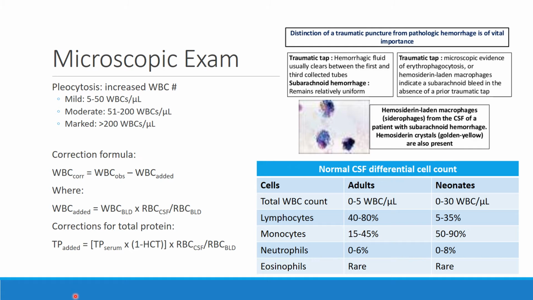So if you suspect a traumatic tap, you'll need to correct for the blood that was introduced into the specimen. We don't really want to include that blood in our cell count. Okay, now this is giving you just the white cell count. Having a few red cells is fine, but when we see a whole bunch of red cells, we need to be able to differentiate between traumatic tap and hemorrhage.